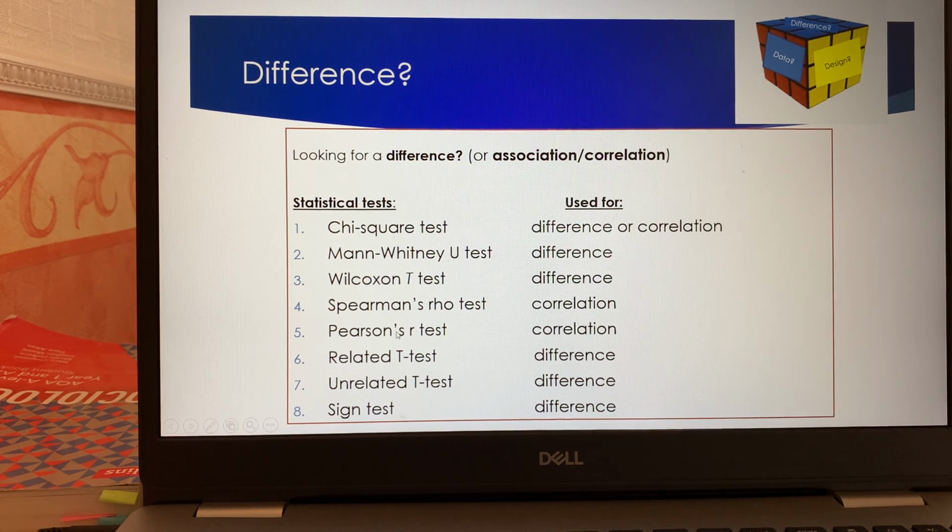So if you had a little scenario that said something like looking at the relationship between coffee consumption and concentration, you would know that's a correlation. So instantly you're thinking, right, it's either Spearman's or Pearson's. Chi-square can be either difference or correlation, which we need to have a look at in a minute. And then the rest are a test of difference.